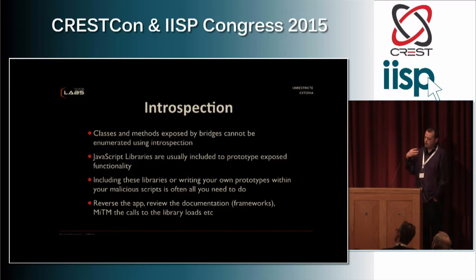It's kind of a brute force effect, but there are a ton of libraries that get embedded in these apps, and you can man in the middle those library loads, have a look, reset them up, inject them, and prototype, or you can just go back to roots, and all they're doing, even in the prototypes, is calling and constructing those URIs. So you just figure out the URIs and generate the URI yourself. All of it's in the documentation, so you just go to the docs and find out more.